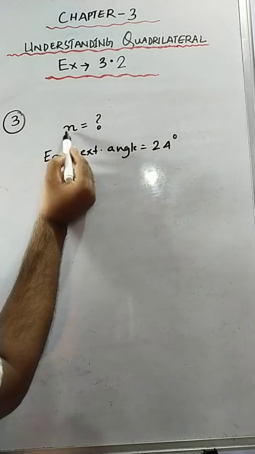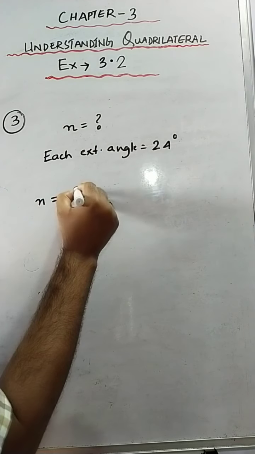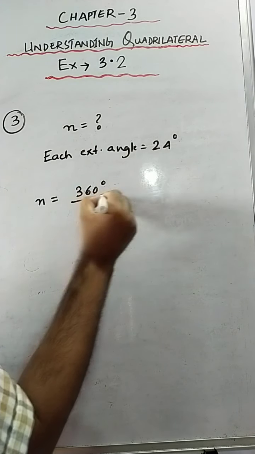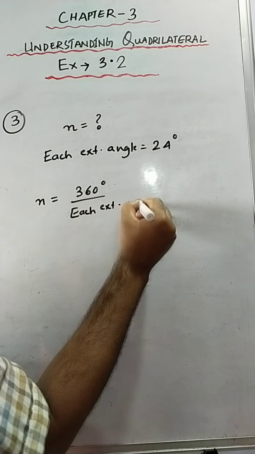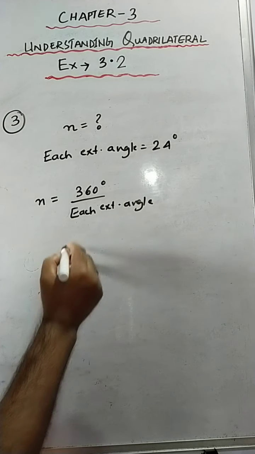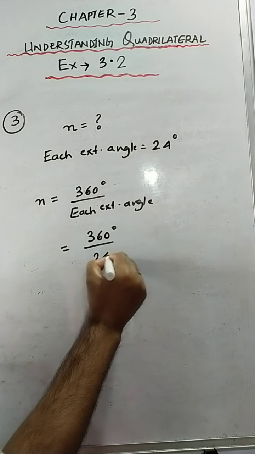Now how to get the value of n? Remember the fifth formula, students, that is n is equal to 360 degree by each exterior angle. Fine. So that would be 360 by 24 degree.